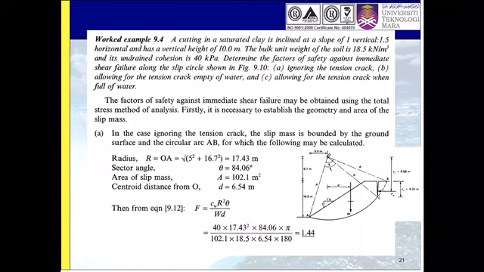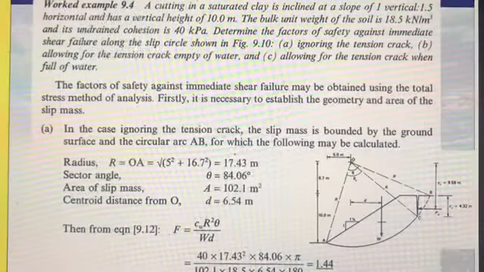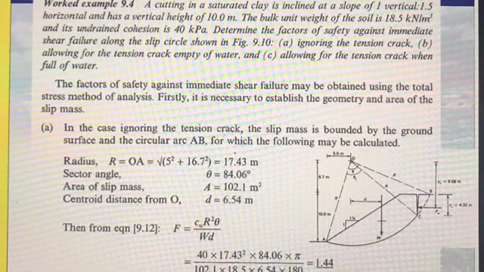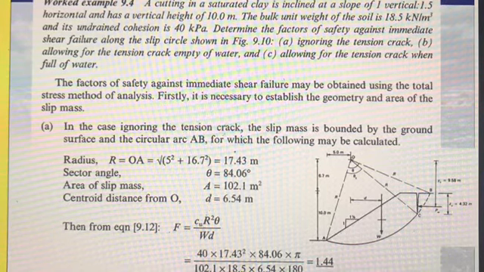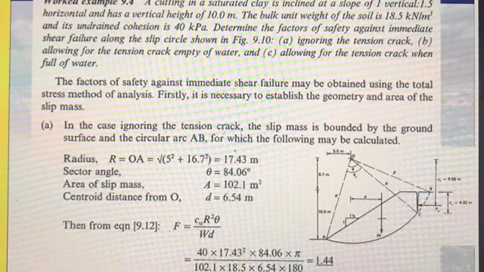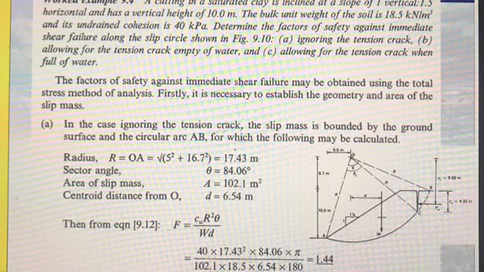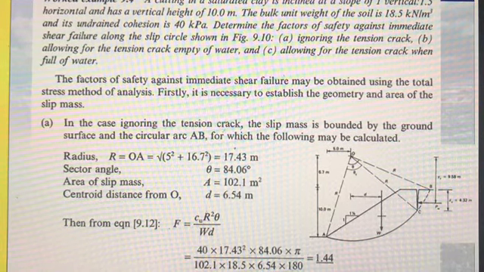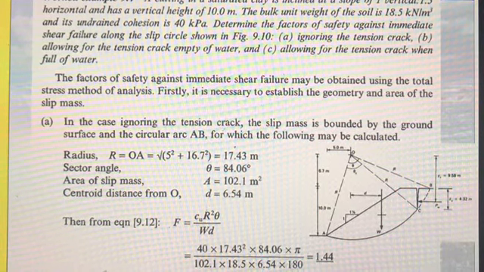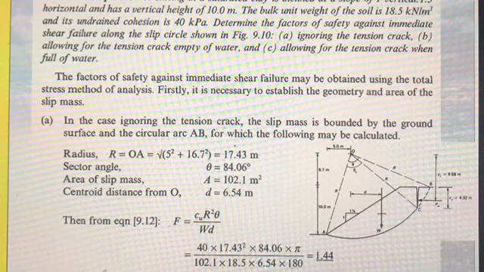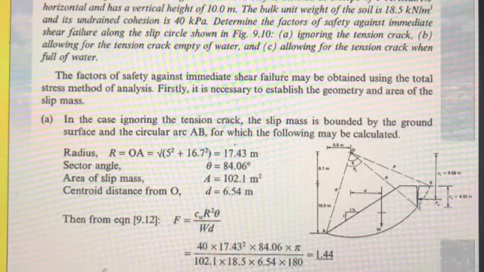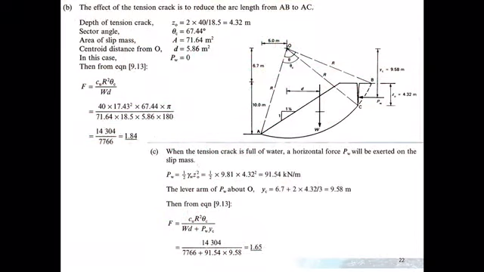For this example, we started with A, which is ignoring the tension crack. So the length AB is considered as the shear resistance force. Theta is considered for sector AOB, which is 84.06 degrees. For these two cases, B and C, the theta is sector AOC, which is 67.44 degrees.